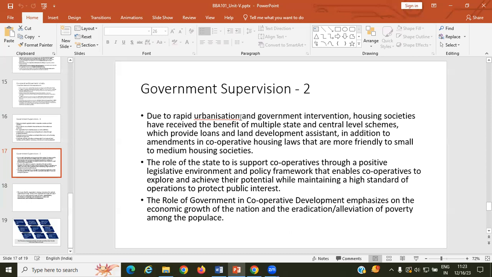So people are following that. And government is responsible to enable the rules and regulation. The role of government in cooperative development emphasizes the economic growth of the nation and the elevation of the poor, eradication of poverty.